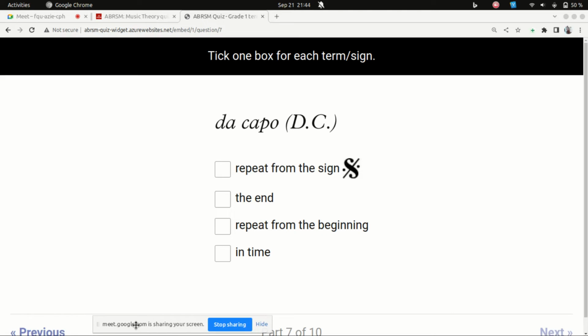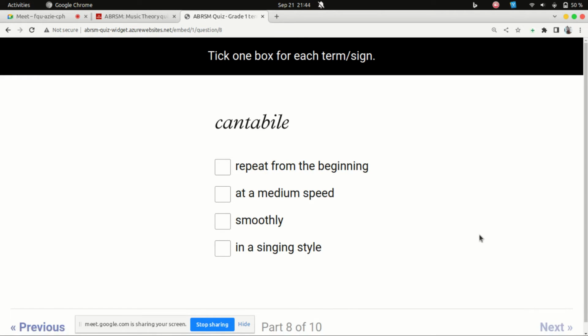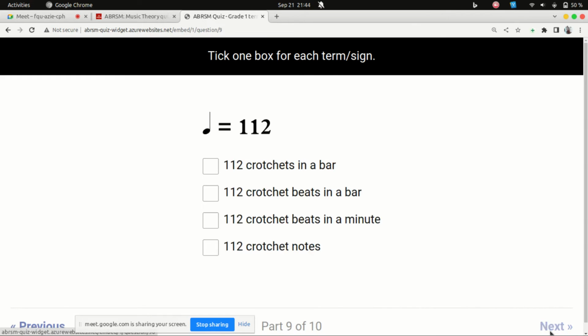You want to change something? I'm not sure. Okay, da capo. Repeat from the beginning. Cantabile. In a singing style.